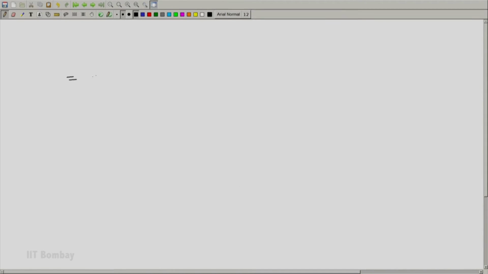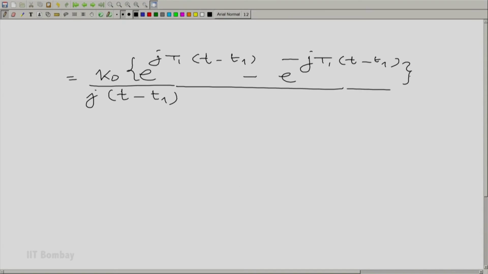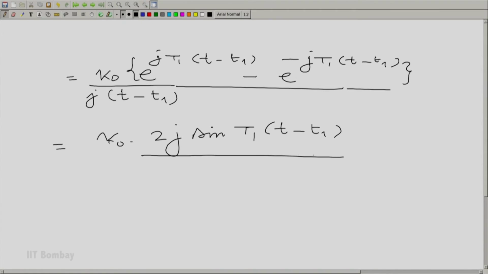That is not at all difficult to evaluate. So, let us substitute that. And this is also very easy to evaluate. This is essentially 2j sine T1 (t minus t1) divided by j into (t minus t1).